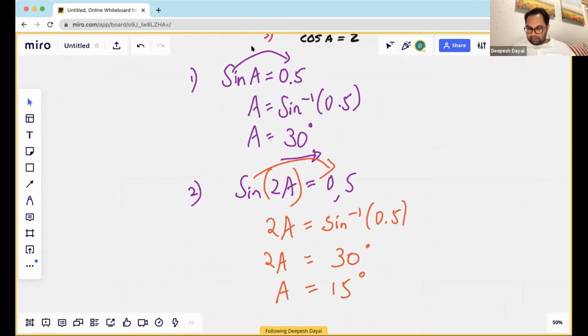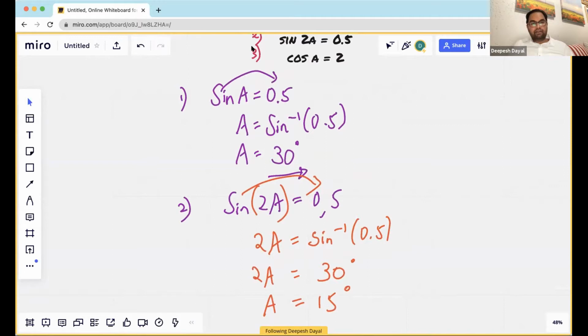Okay. Anybody wants to give me the answer for number 3? What is the answer for number 3?